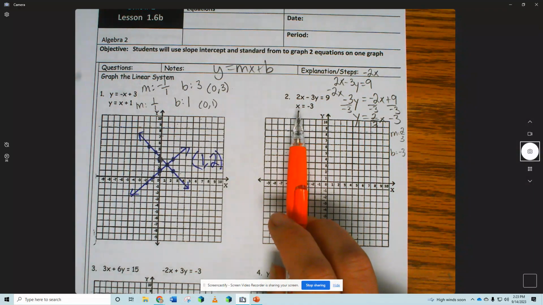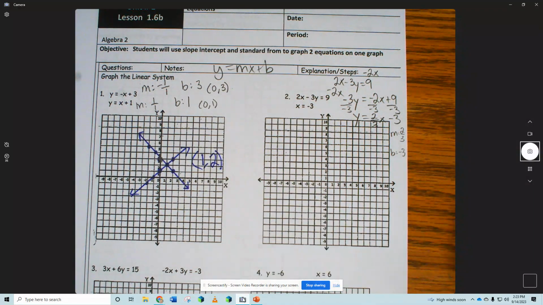The second equation is x equals negative 3. You have two options on x equals negative 3. It doesn't have a y value. There's only one variable, so it's either horizontal or vertical. Which one? The answer is vertical, because all of my x values are going to be at negative 3.